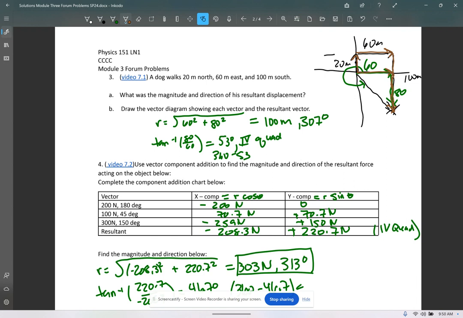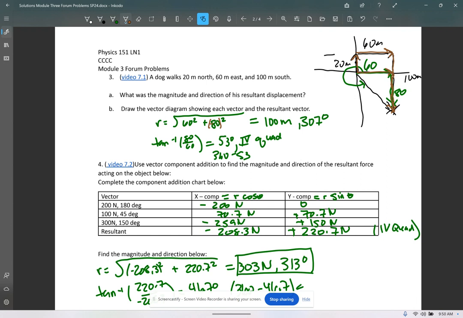So my x is 60 and my y is 80 or negative 80. And so I'm just going to use r squared. And once again, I didn't put my negative in here because if I did, I would have to put it in parentheses to make sure that it stays a positive number when I square it. So I just dropped that negative, because negative 80 squared is the same thing as positive 80 squared. And I got 100 meters as my value.